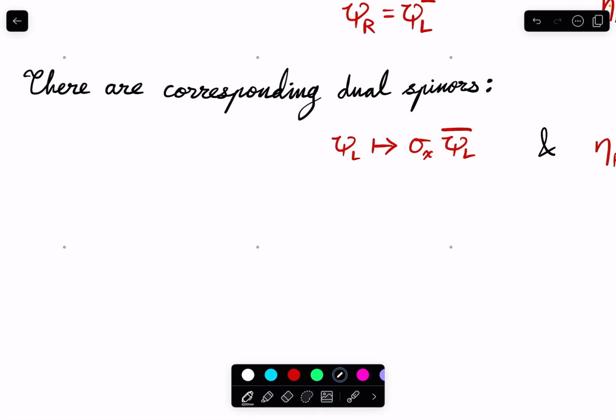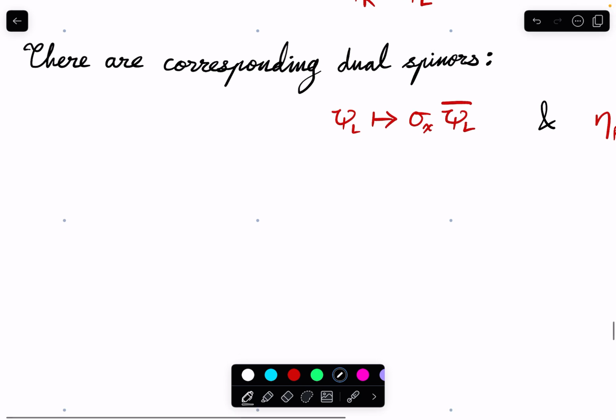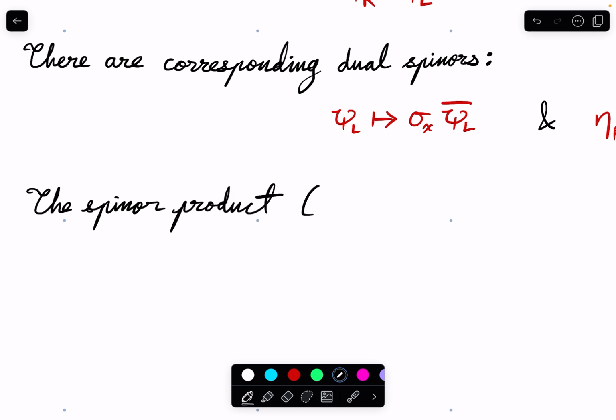Now, there's something you don't need to know what this is right now. It's something that will come up, and when it comes up, it will be given physical interpretation then. But for now, it's called the spinor product, which is a symplectic product, or more accurately called a symplectic form.